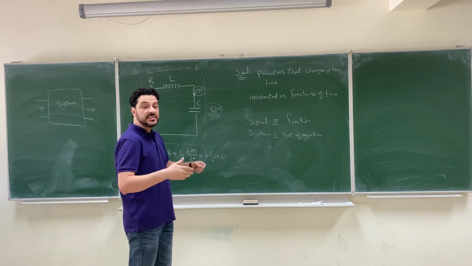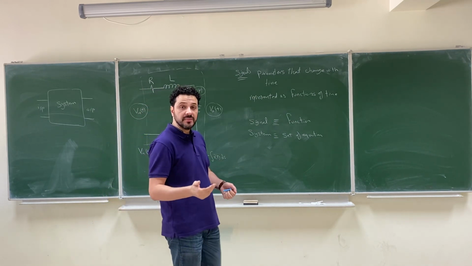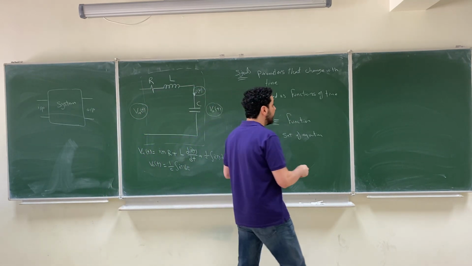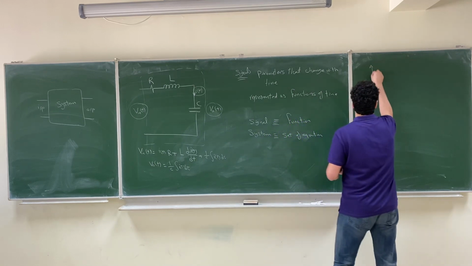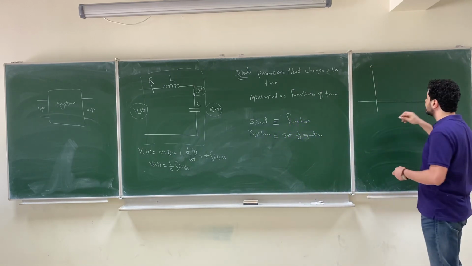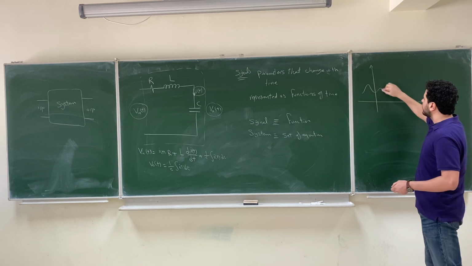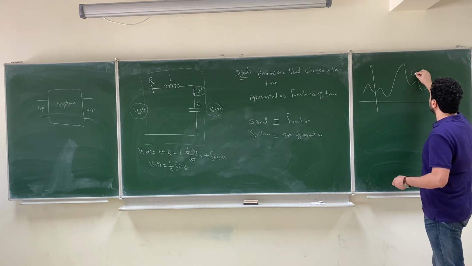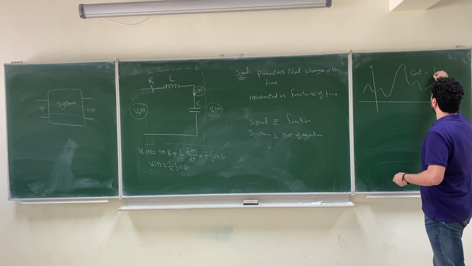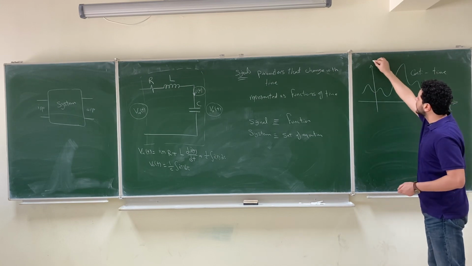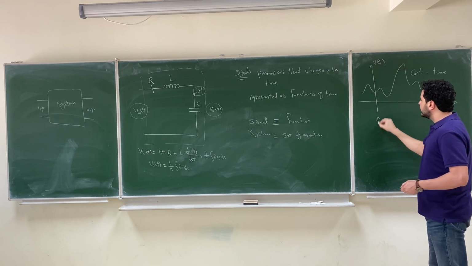Signals can be classified as continuous time, which means that the signal exists at all instants, or the signal is defined at all instants of time. This is called a continuous time signal. Or it can be discrete time.